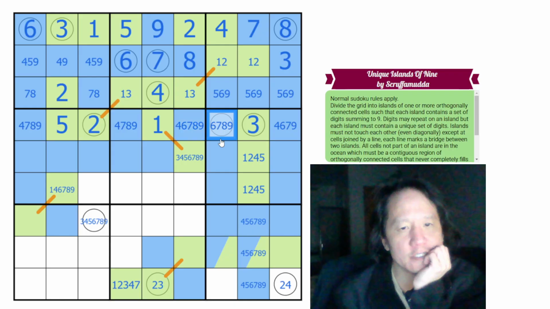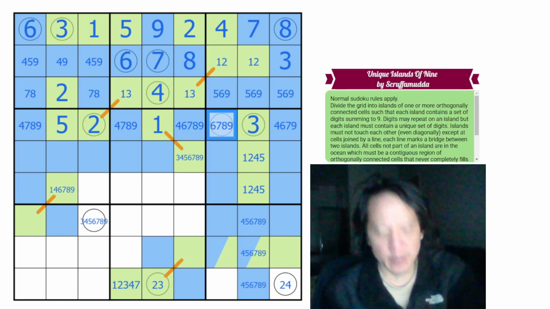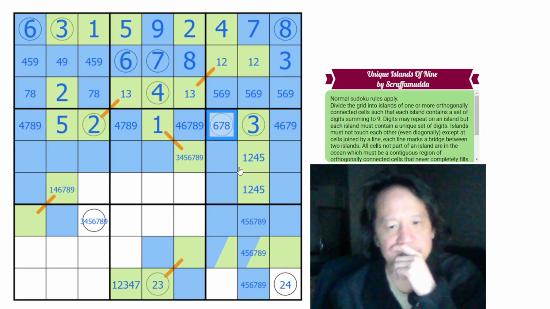How many ocean cells does this cell see? It sees 1, 2, 3, 4, 5, 6, at most 7, 8. So this can never be 9. It could be 6, 7, or 8.